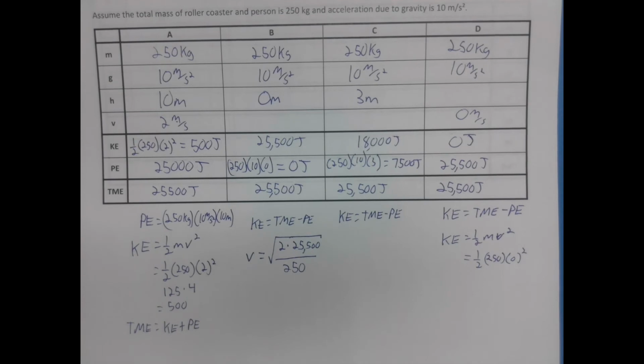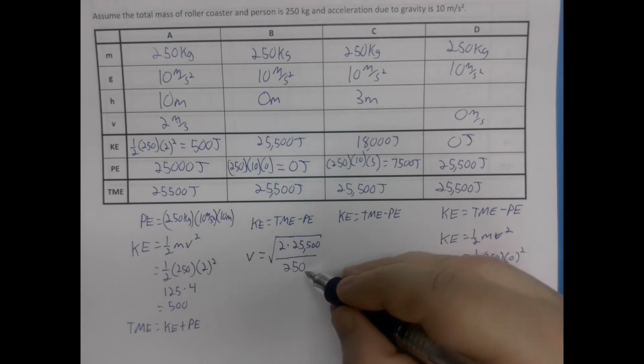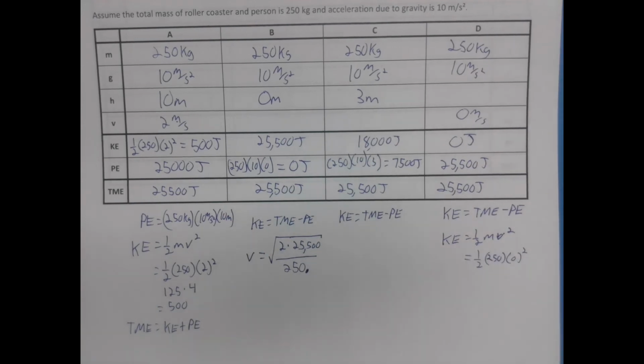So plug that into the calculator and make sure you can type that in correctly. Also, make sure you type it in as a decimal. Maybe type in 250 with a period behind it so that it gives you a decimal.